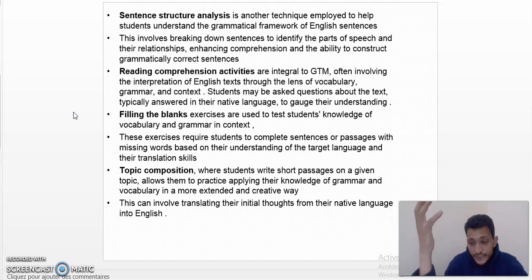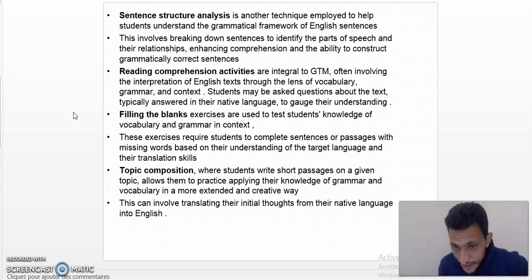Of course, in this approach, the students use their native language to learn the L2, that is the foreign language, because the focus in this approach is on reading and writing more than speaking and listening.